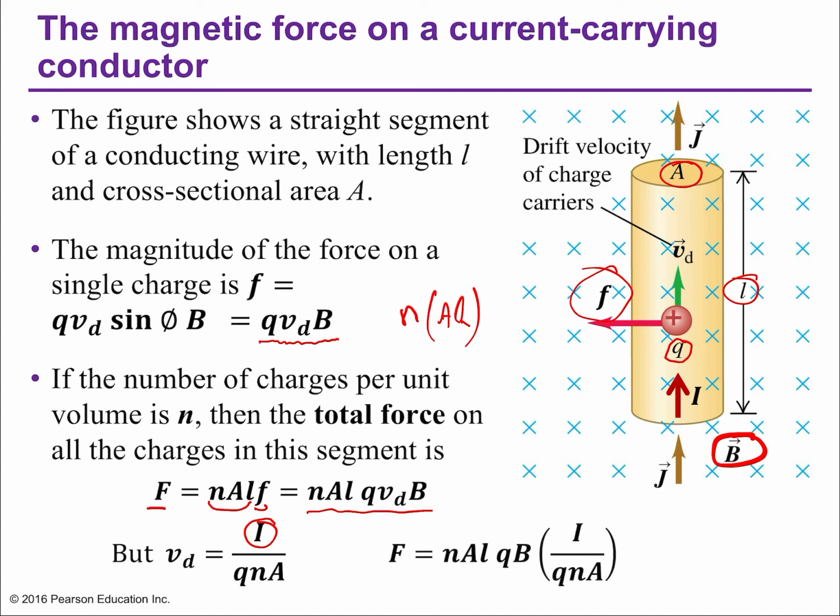And then you can see straight away that N, Q and A cancel, and you get the magnitude of the total magnetic force exerted on that conductor, which is the current flowing in the conductor multiplied by the length of the conductor multiplied by the magnitude of the magnetic field.